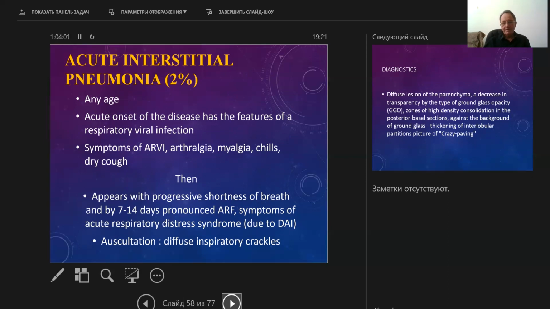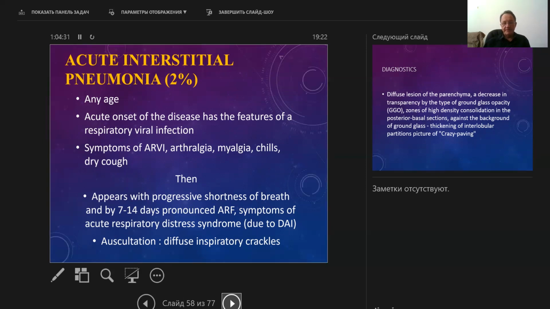And now we have got experience treating patients with the new coronavirus infection with acute respiratory distress syndrome. It confirmed our conclusion about the crucial role of viruses in this dramatic course of acute interstitial pneumonia.